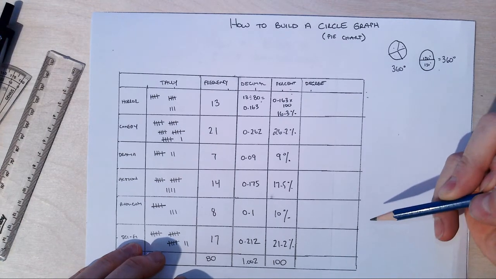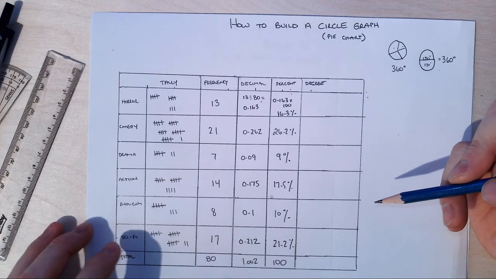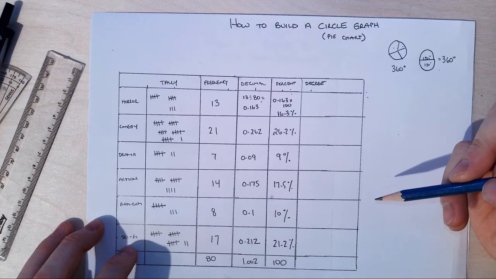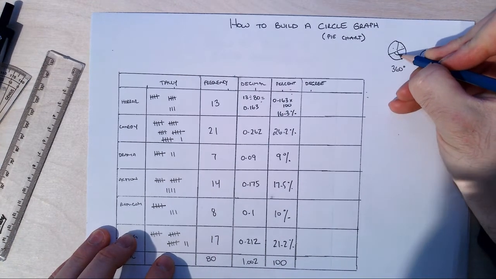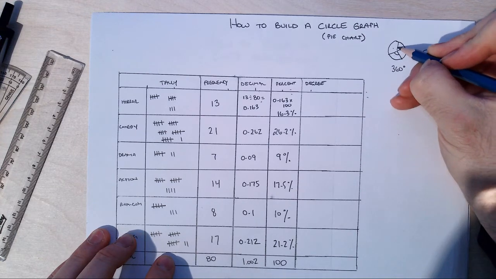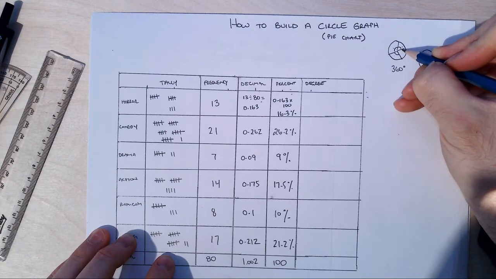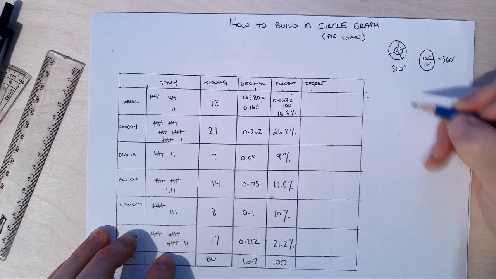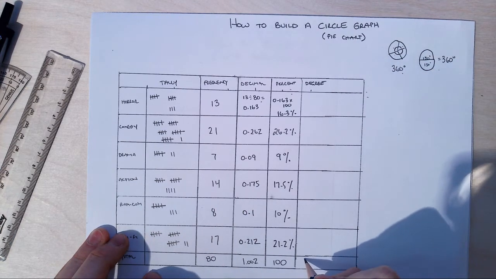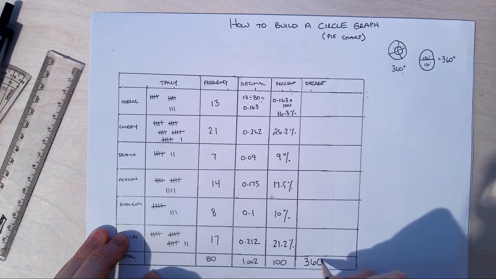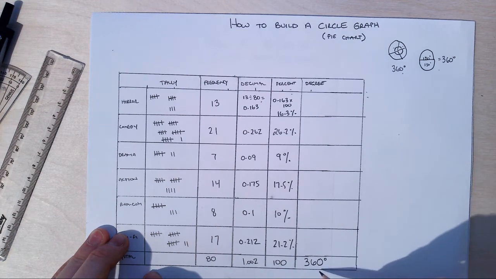And the way to do that is actually by creating separate angles. Each one of these slices is going to have a certain angle to it that, when I add them all up, is going to add up to 360 degrees. So we know right away that our total should be 360 degrees because that's one full circle. But how do I figure out the parts?